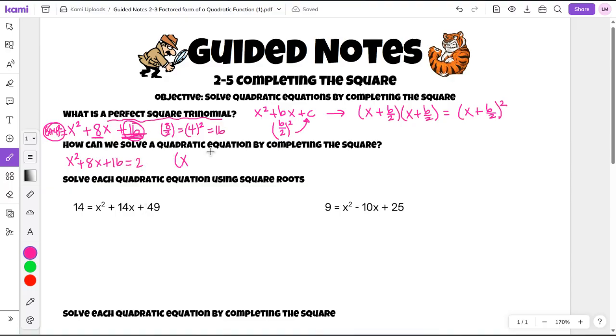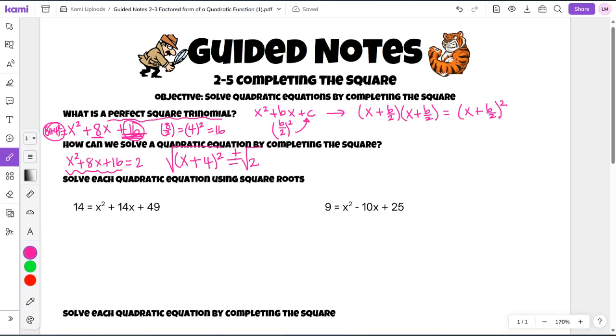We can factor the left side into x plus 4 times x plus 4, so that's x plus 4 squared equals 2. Now we can take the square root of both sides and solve from there. That is the goal: to get a binomial squared so that we can solve using square roots like we have in the past.